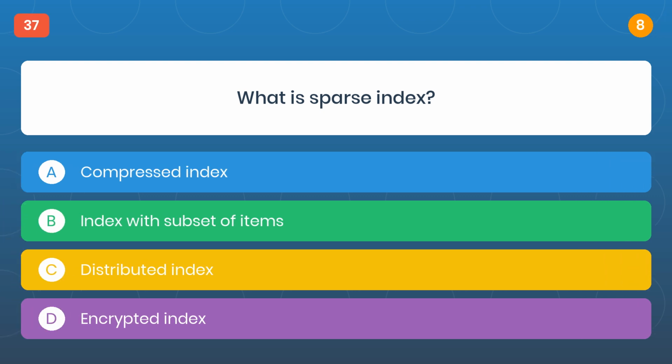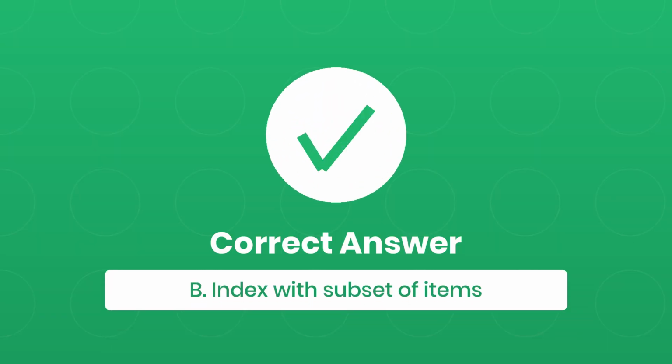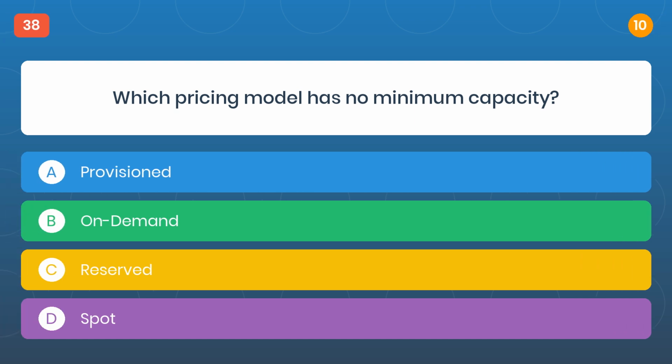Question 37. What is sparse index? The correct answer is B, index with subset of items. Question 38. Which pricing model has no minimum capacity?